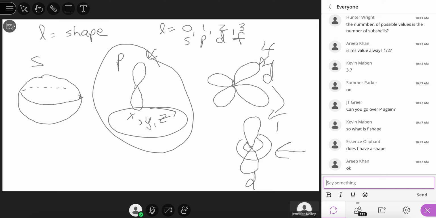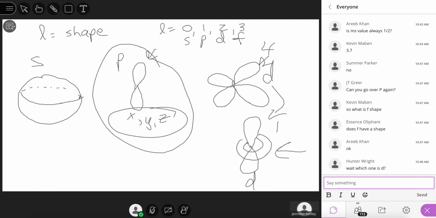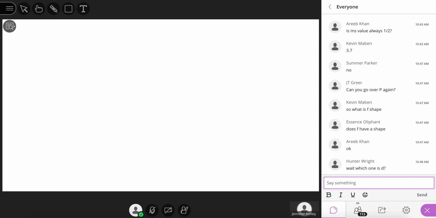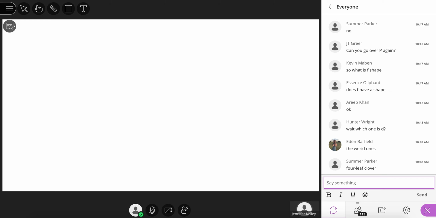But I want to talk about the radial distribution function and the probability distribution function. So the electron distribution and the electron density are different.